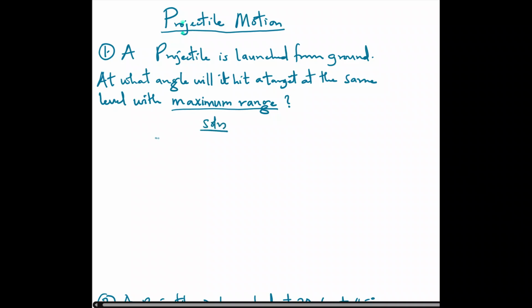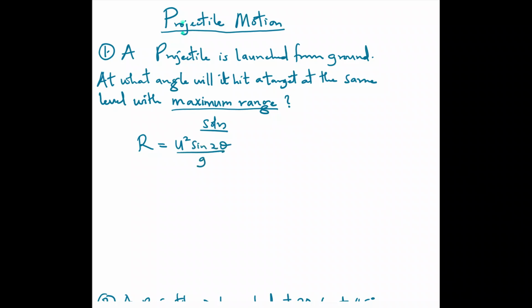So we know that the formula for range, R, is equal to U squared sine 2 theta over G, right? So we are trying to get this part, okay? The maximum value of sine 2 theta is equal to 1.